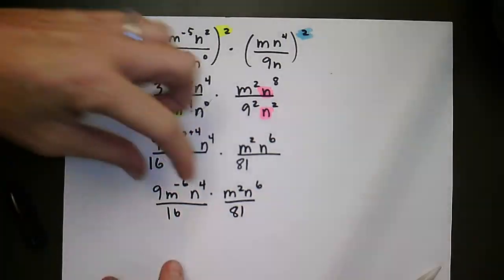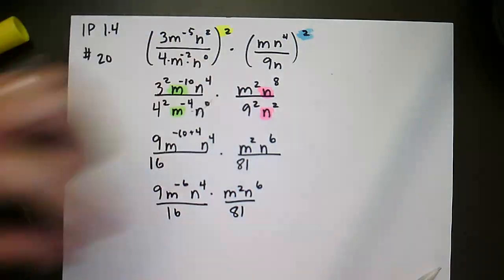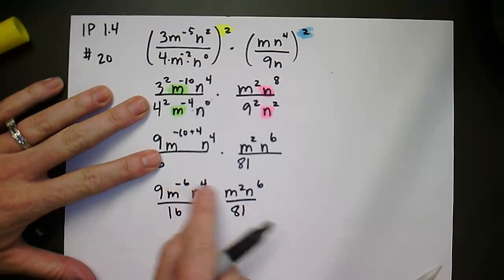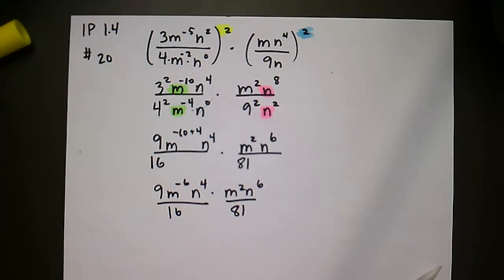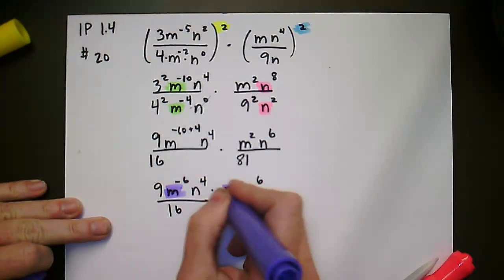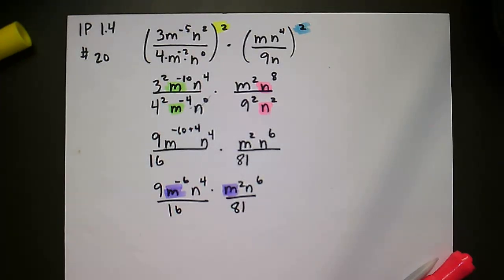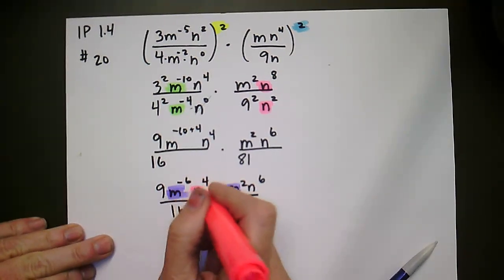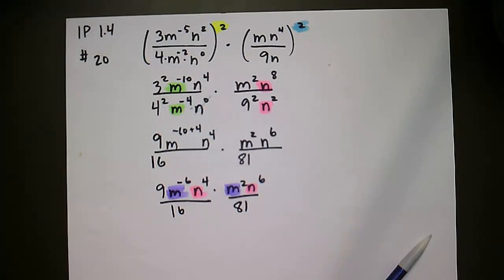Really, this is all one fraction, numerator times numerator, denominator times denominator. So when I'm multiplying these, I'm going to add these exponents. So what I'm focusing on now is this m and that m, and the n and the n, and adding those exponents.